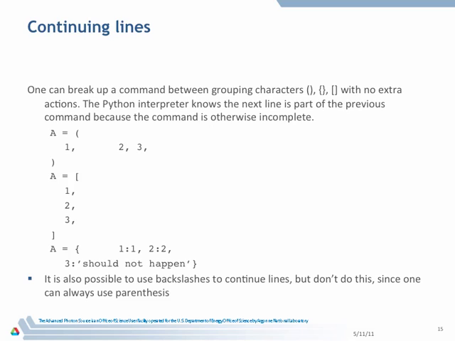So I want to define a tuple here. I say a equals and then a parenthesis, and then I can put as many lines as I want after that point, and the interpreter recognizes you haven't closed the parentheses, so therefore everything is still part of this line.